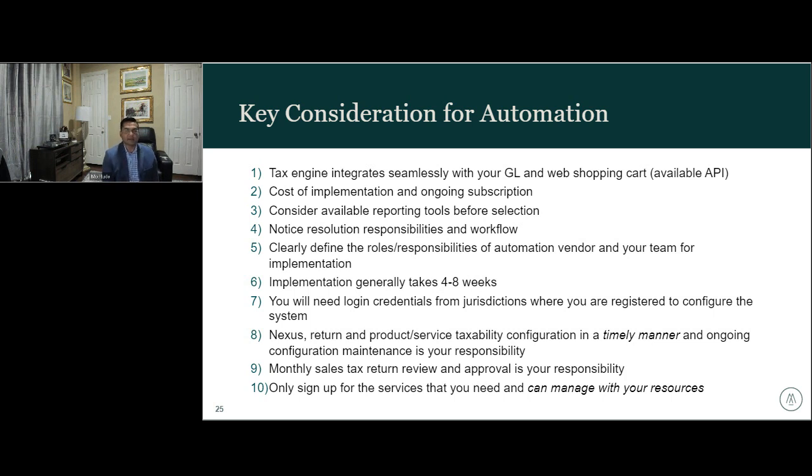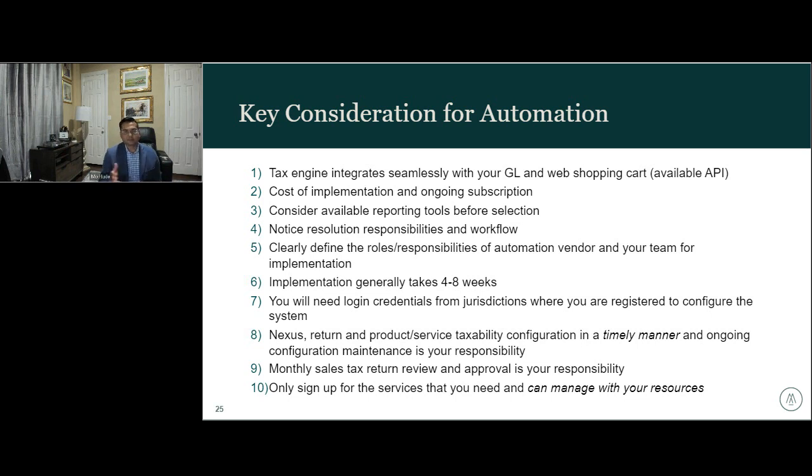Again, I cannot highlight enough, nexus, taxability, all those things have to be done timely in the system. They all have a cut-off time. If you don't add those into the system in a timely manner, they will not prepare the returns in the next cycle. So for Avalara, for the first cycle when you're just implementing, it's by the 20th.